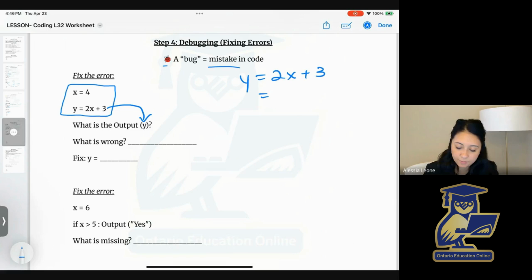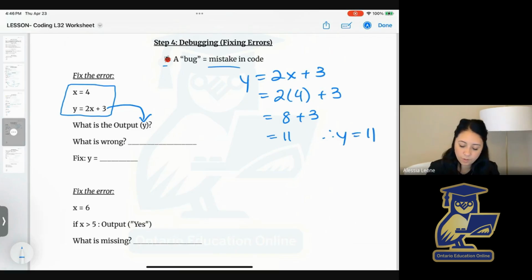We know x is 4, so we can solve this. So we have therefore y is 11. So we can do output y is 11.